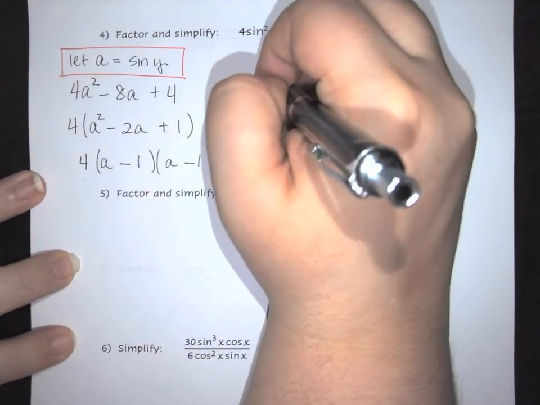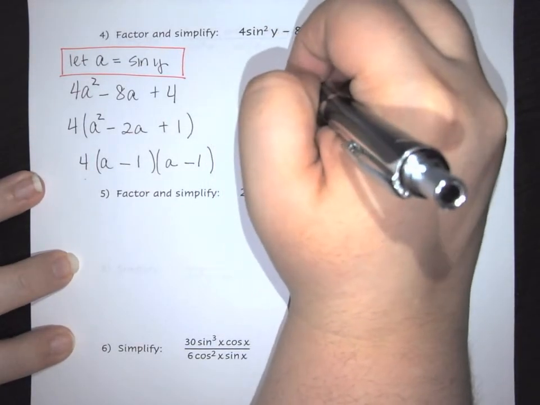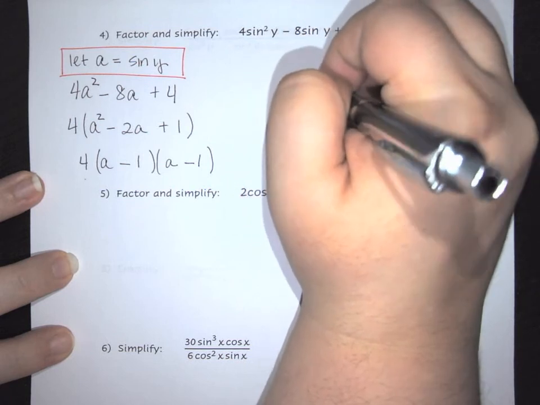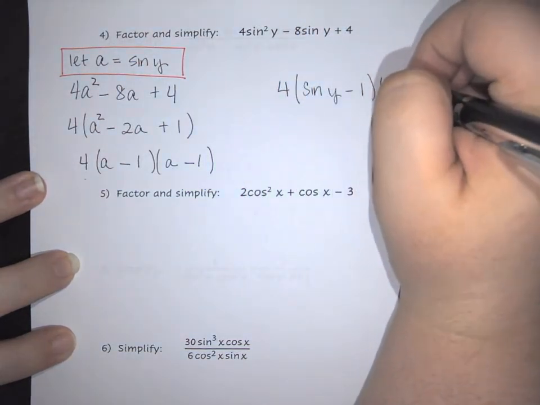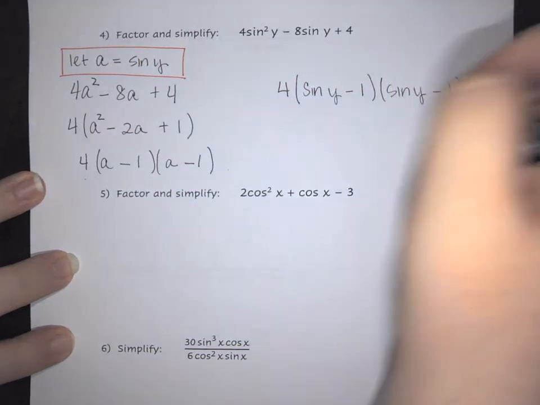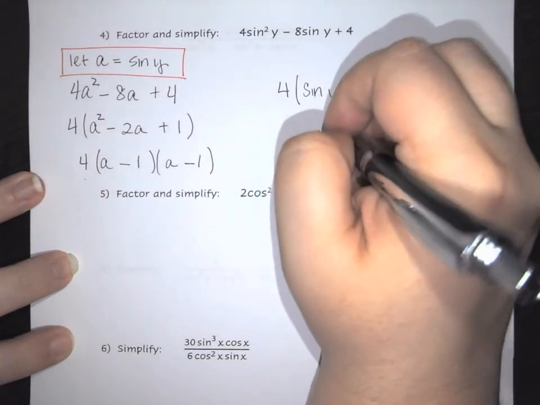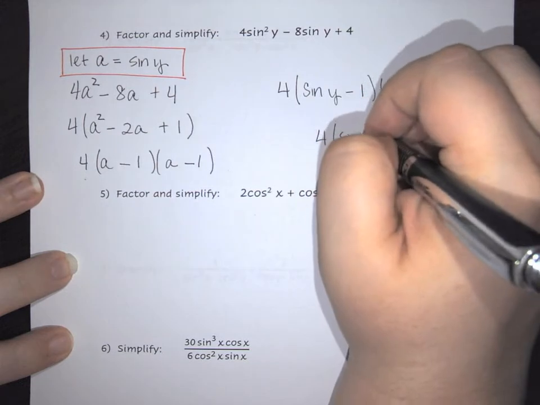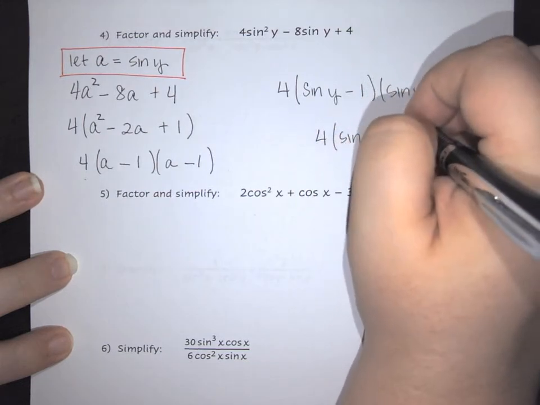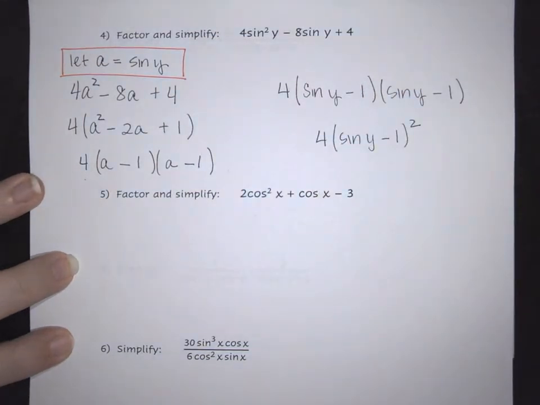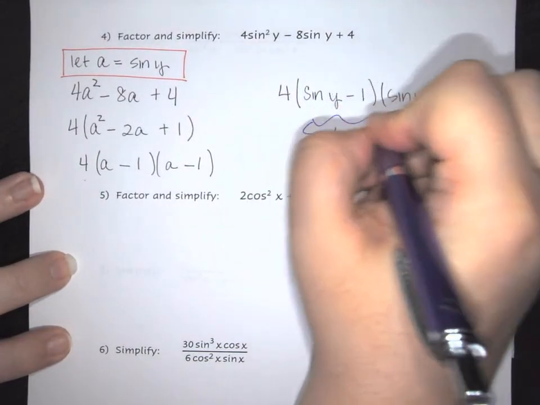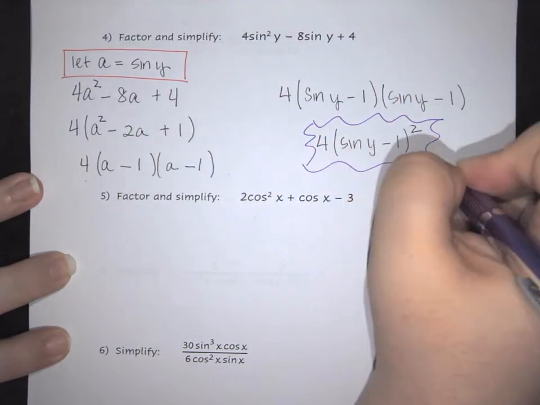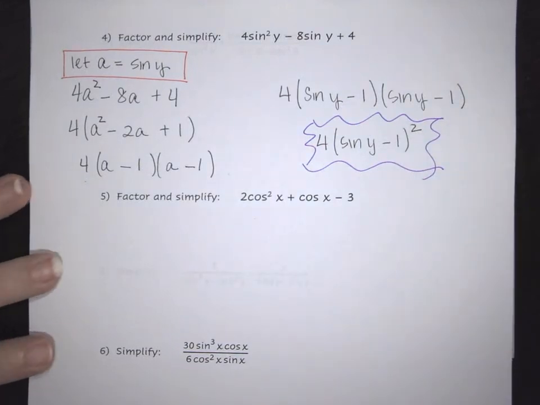So here we would end up with 4 times the sine of y minus 1 times the sine of y minus 1, which is the same as 4 times the sine of y minus 1 squared. And that would be your most reduced, most factored form.